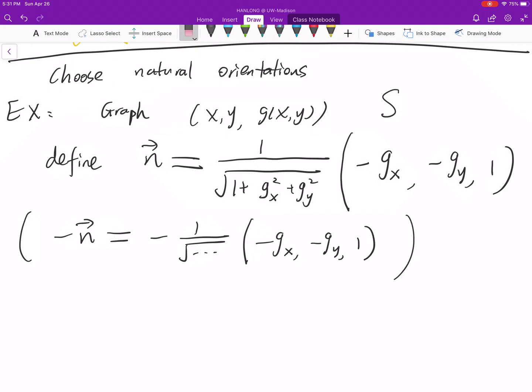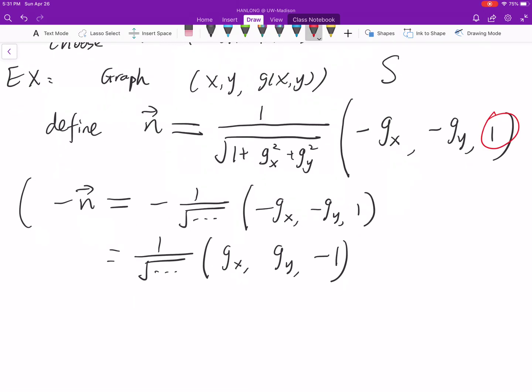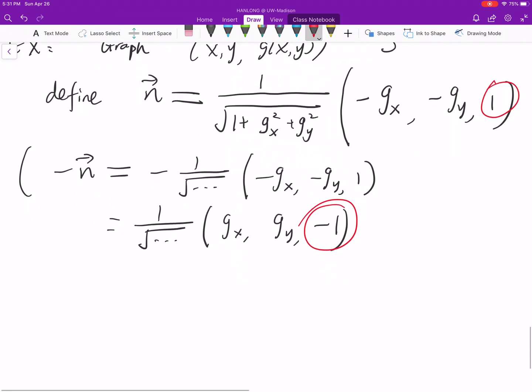And I would like to compute one more step. No matter what it is, outside you have 1 over a square root, which is a positive number. Inside g_x, g_y, I don't care about these numbers, but I do care about the last number.